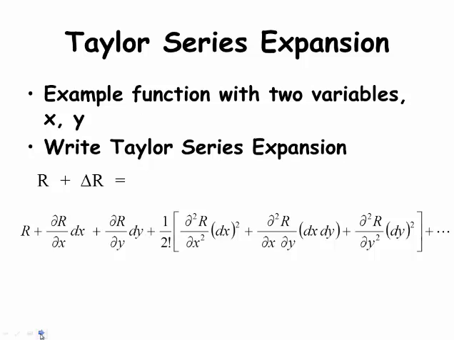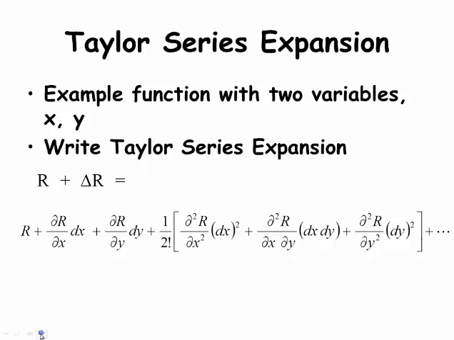Here is a general Taylor series expansion for two variables x and y. For each variable x and y, there is a corresponding uncertainty dx and dy, which correspond to the plus-minus uncertainty values for the measurements of x and y.